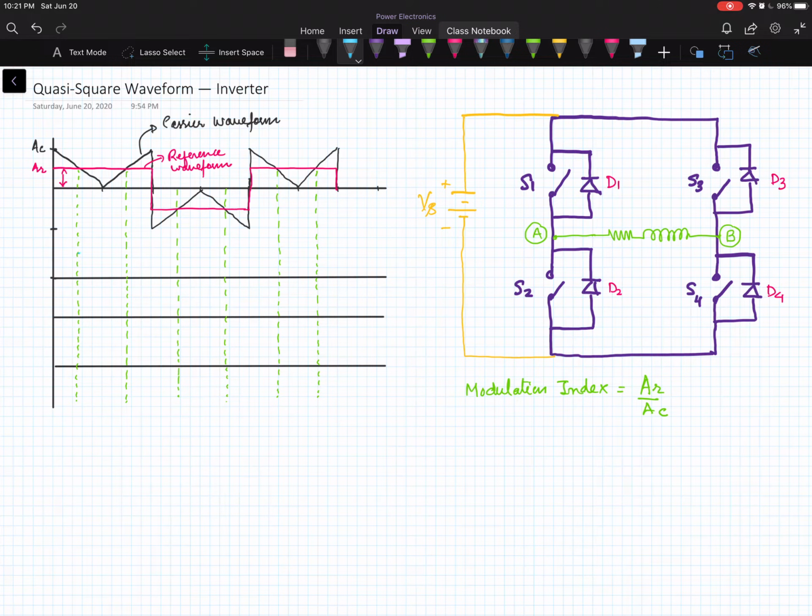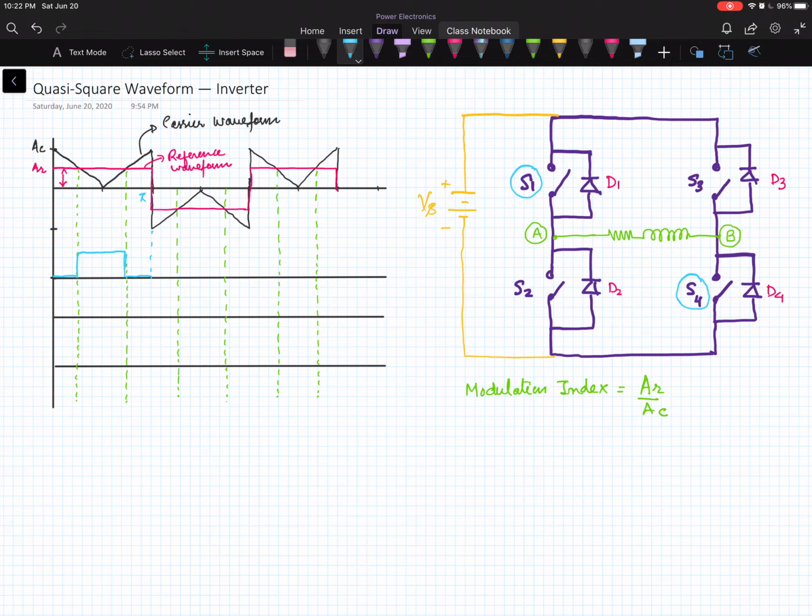So if we compare the two waveforms, over here we will be getting logic high because our reference is higher than the carrier waveform. So we will get this gate signal, and this is applied to switch S1 and S4.